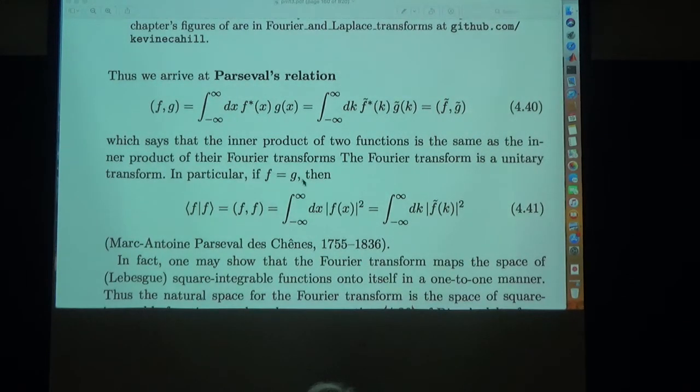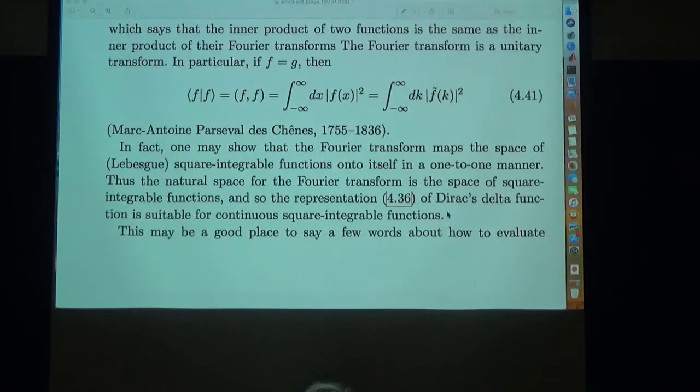And if you set f equal to g, you have that the inner product of a state with itself, which might be an integral of the absolute value squared of the function over all arguments, is the same thing as the integral of the absolute value squared of its Fourier transform. And in fact, the situation is somewhat nicer mathematically. This is one of the reasons why mathematicians like Lebesgue integration.